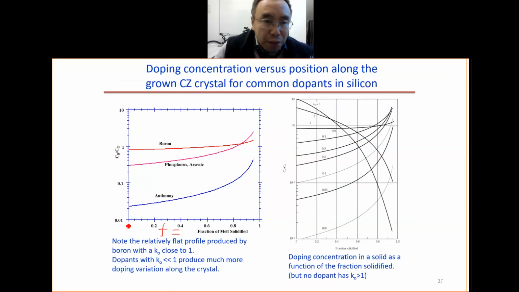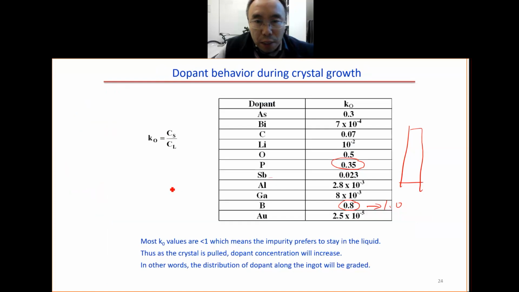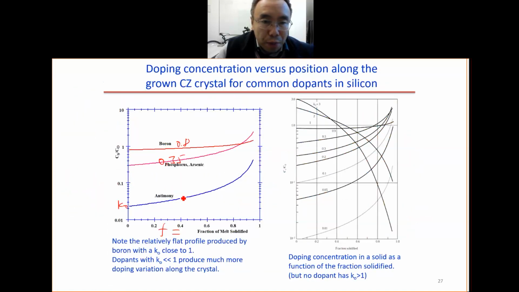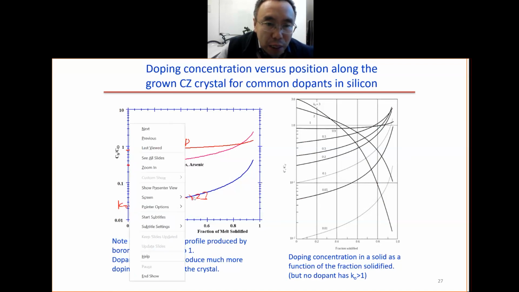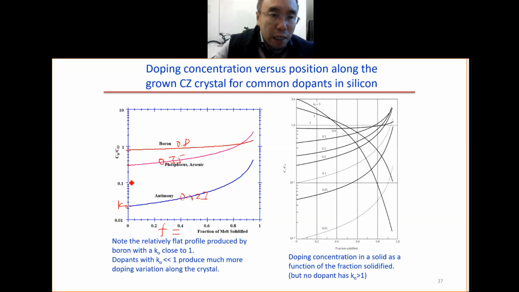At F equal to 0, the ratio is K0. For the case of boron it is 0.8, phosphorus 0.35, antimony 0.023. So this number here is 0.8, this number here is 0.35, and this number at this point is 0.023. At F equal to 0, the ratio is K0. At F equal to 1, as we see, it goes to infinity.